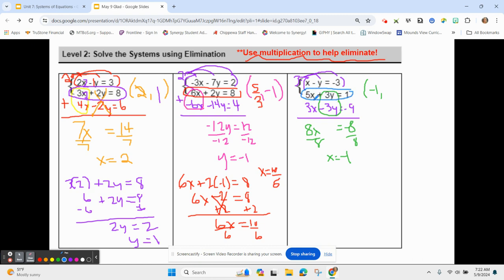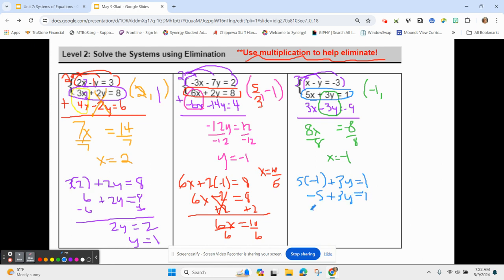So right here where the x is, I'm going to plug a -1 in. So it's going to be 5 times -1 plus 3y. Let's see if we get a fraction again. We might. All of that is equal to 1. So -5 plus 3y equals 1.